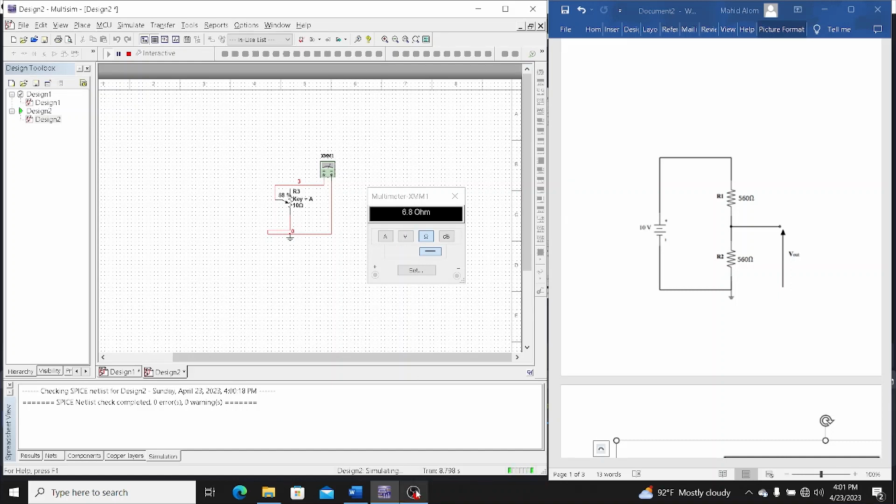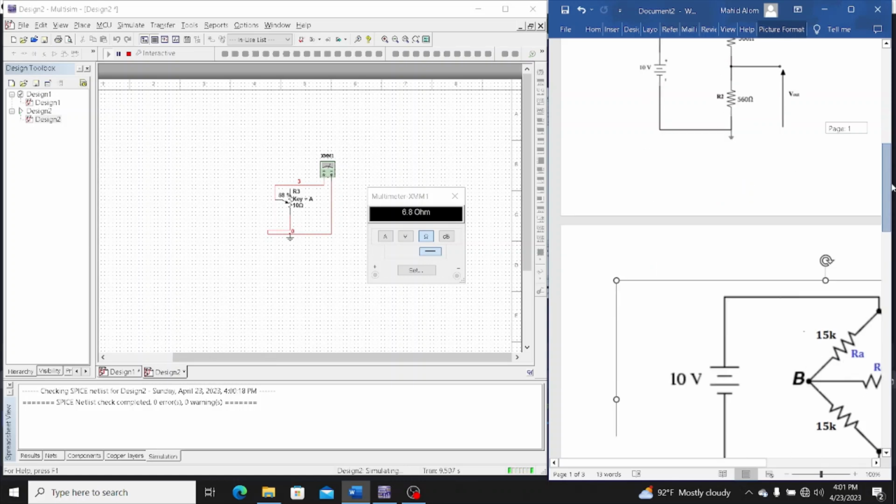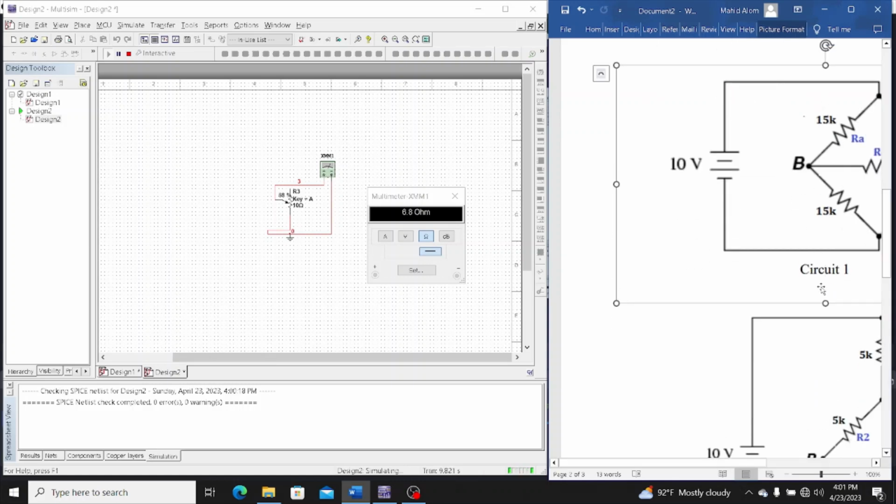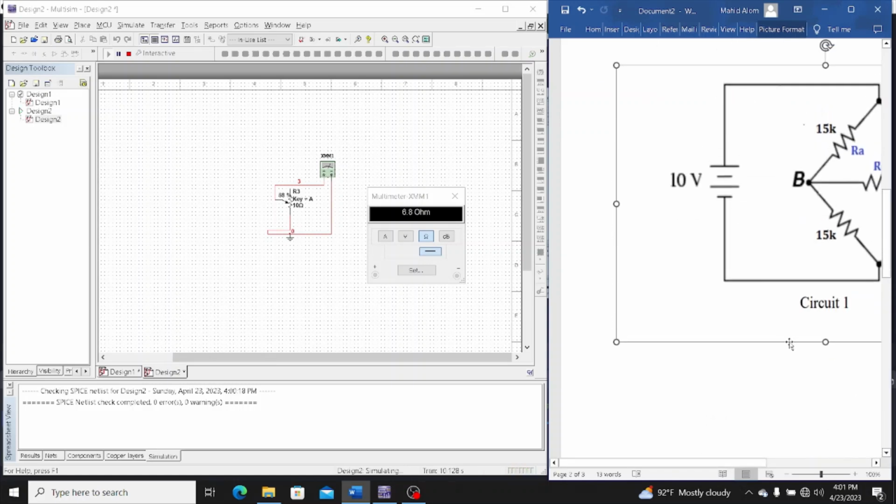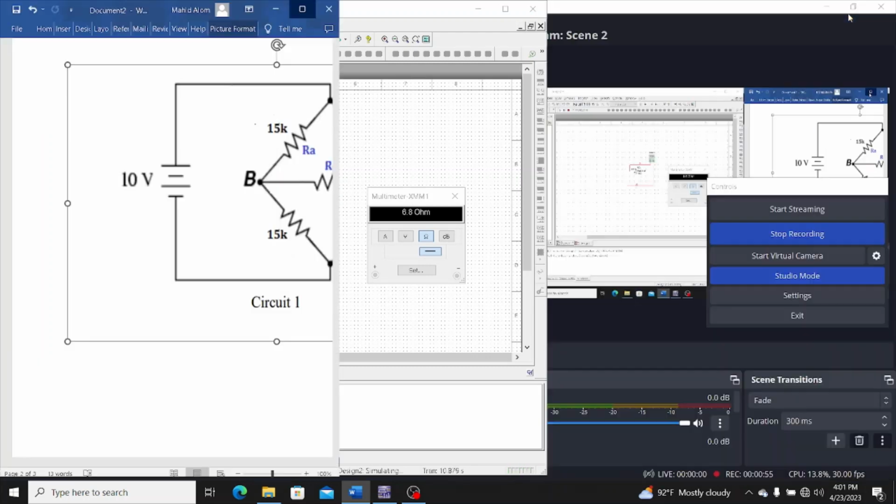conversion. So I'm going to prove that, and the circuit is here.